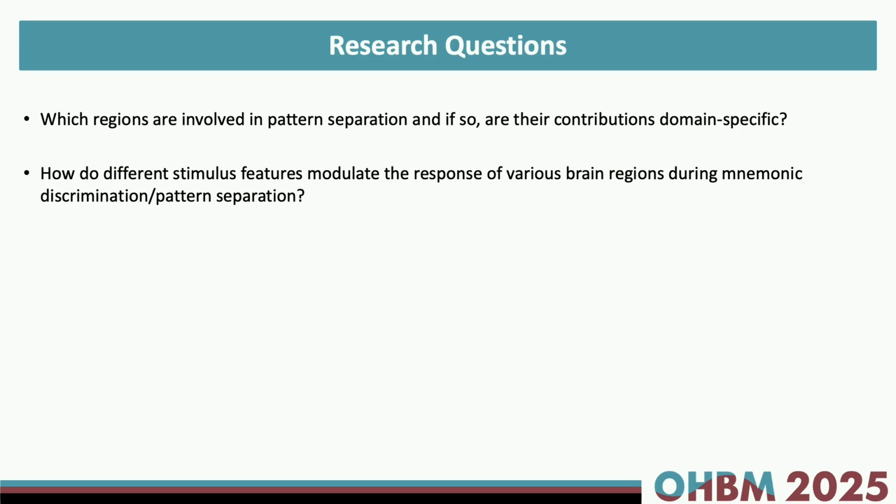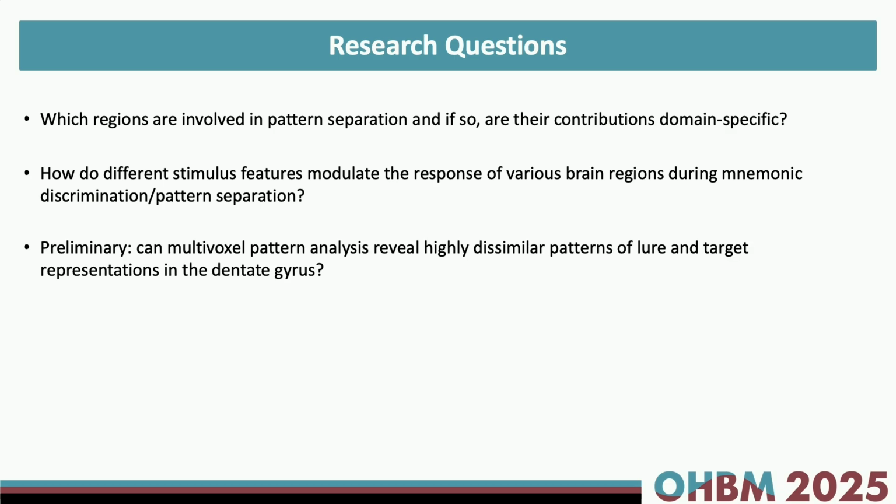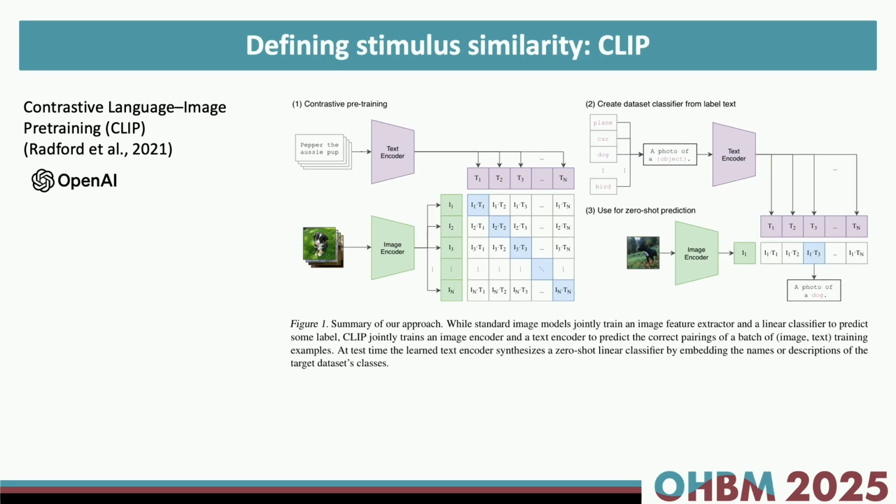How do different stimulus features modulate the response of various brain regions during pattern separation? And a very quick look at our preliminary results will be whether we can use multivoxel pattern analysis to reveal highly dissimilar patterns of lure and target representations in the dentate gyrus.